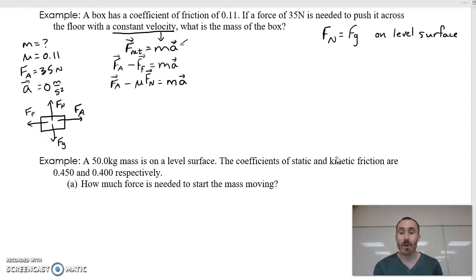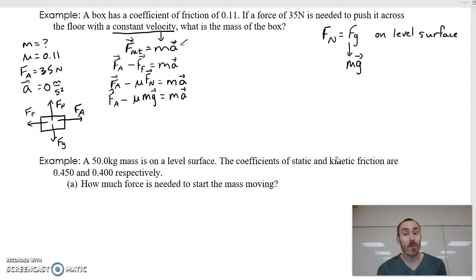Then we can put in, instead of the normal force, the force of gravity formula. And the force of gravity formula is mass times 9.8, or the mass times the acceleration of gravity. So the applied force minus the coefficient times mass times 9.8 is equal to mass times acceleration.